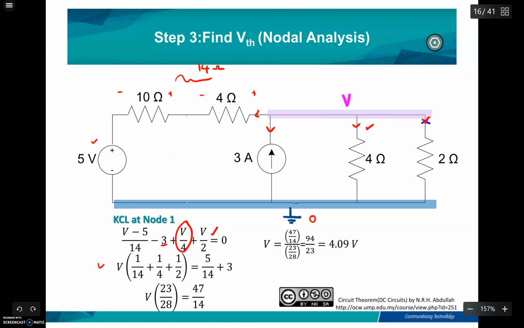And then for the second line, you need to group the values of V so that it becomes like this line. After you solve the KCL equation, you get V equal to 4.09 volt.